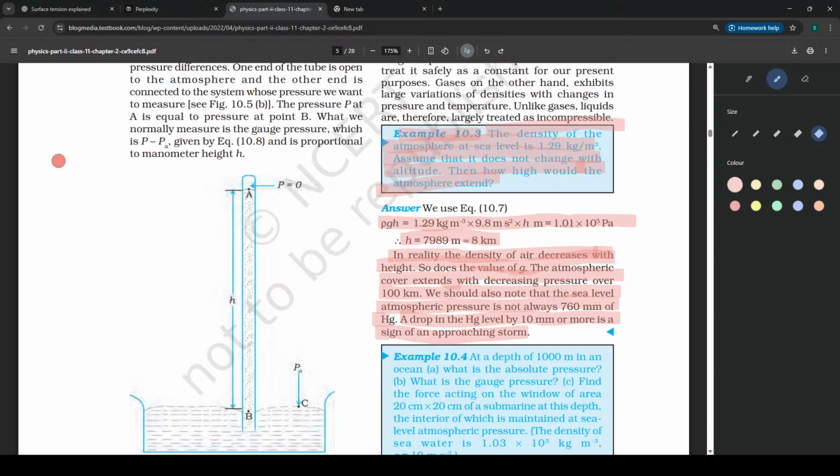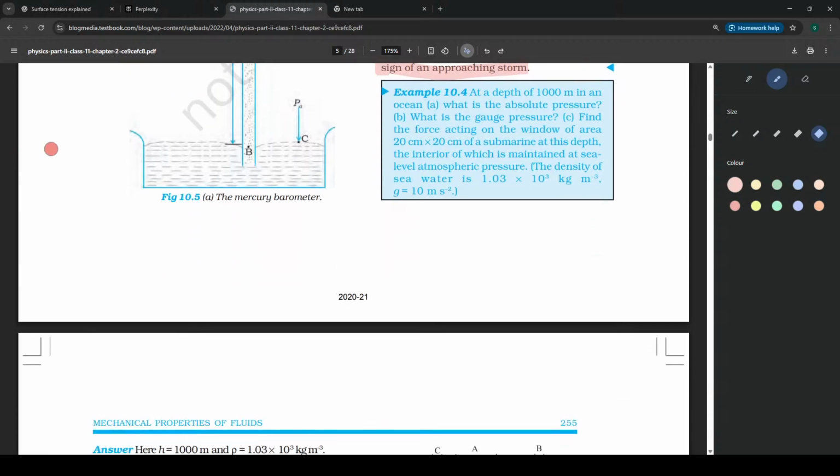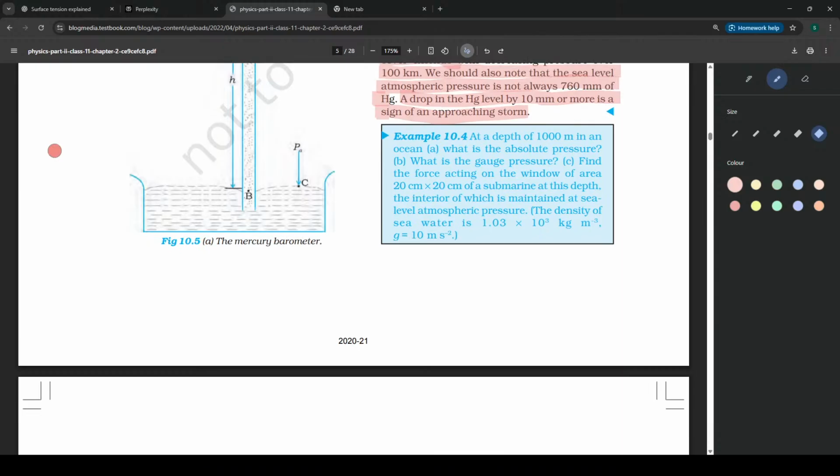We should also note that the atmospheric pressure at sea level is not always 760 millimeter of Hg. If we see a drop in the pressure by 10 mm or more of Hg, then we can assume that there is a storm approaching. It's a sign of a storm approaching.